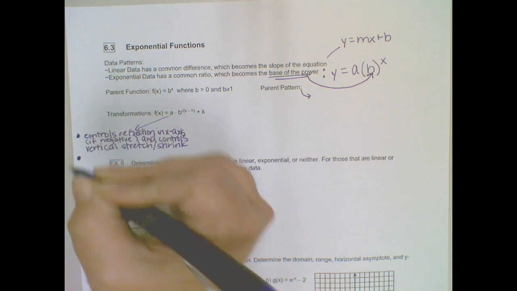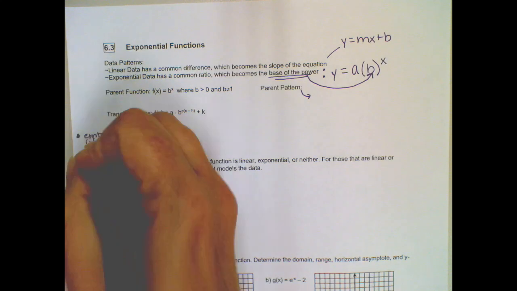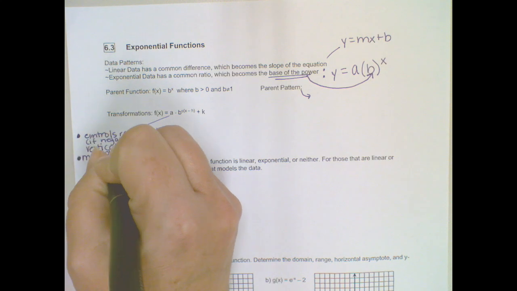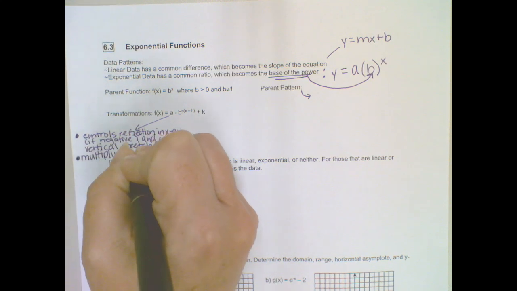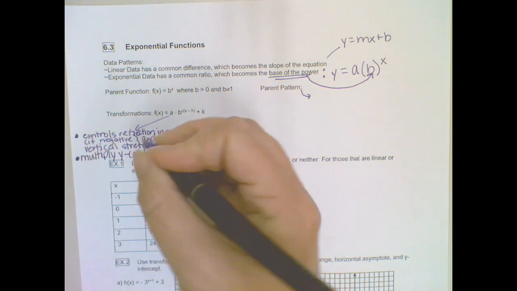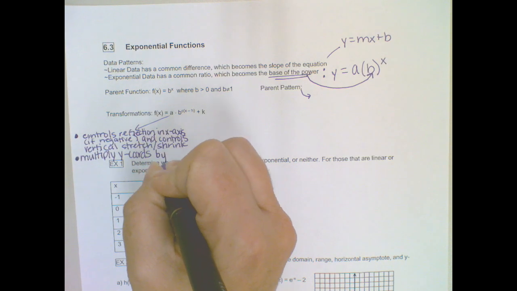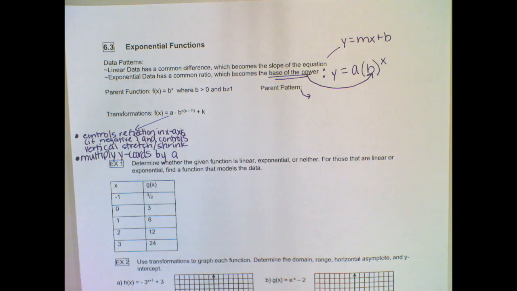Remember that what we do to the parent pattern is multiply the y coordinates, because it's vertical, changing, by whatever a is. So even though it may be two transformations, it's one step to the coordinates.